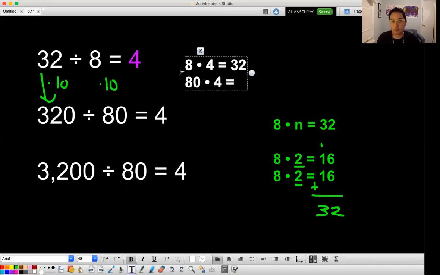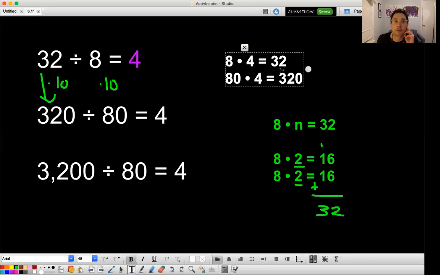How much would that equal? Well, we know 32, and then times 10. Oh, so this is the times 10 here and the times 10 here. So the 4 is actually not changing. The 8 was changing. So this changed here, this changed here. So the 4 actually has to stay the same.